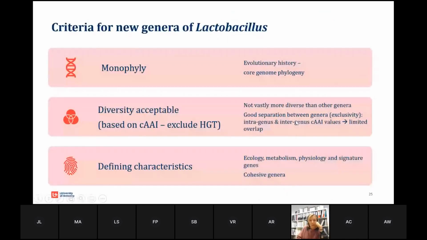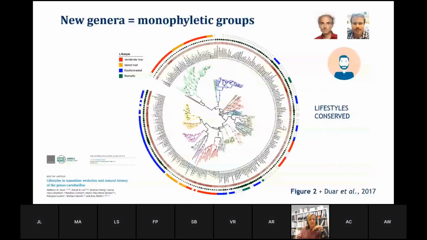So how did we do that, and what were our criteria? Monophyly was important for us, so that the new genera would be monophyletic groups, that the diversity would be more acceptable, and that the new genera would have defining characteristics. This tree is then important.